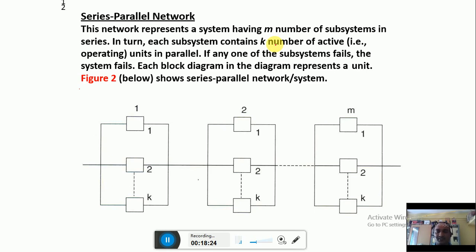The headstock consists of some subsystems, that is the gearbox. The gearbox also consists of gears and shafts, which are connected in series. Then the gearbox is in series with your spindle, which is in series with your chuck. Then this entire assembly is in parallel with your carriage, and the carriage is parallel with the tailstock.